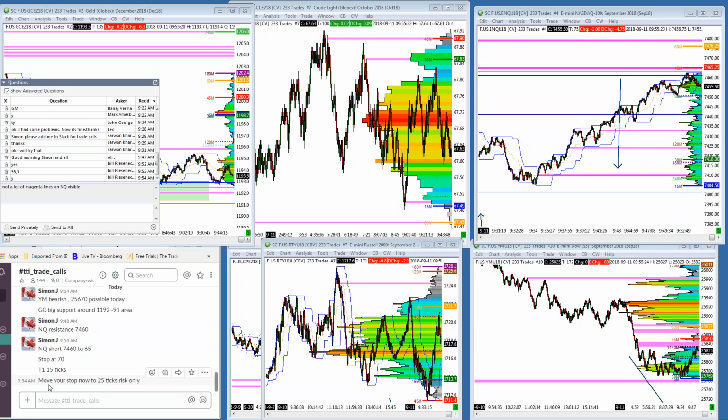So I mentioned here, move your stop to 25 ticks risk on Nasdaq.